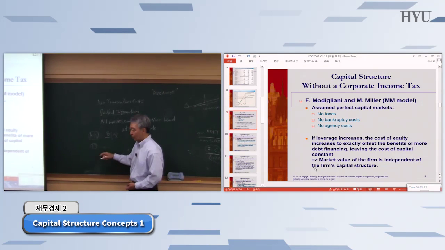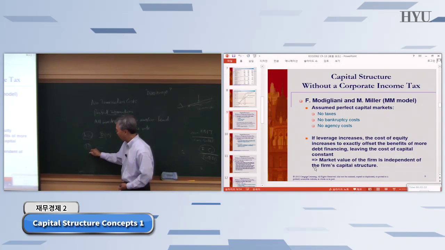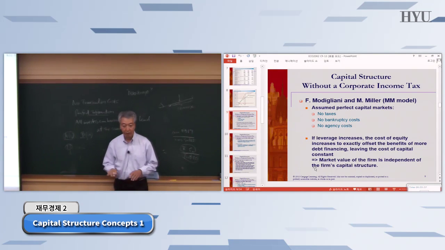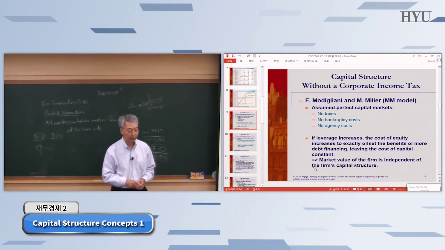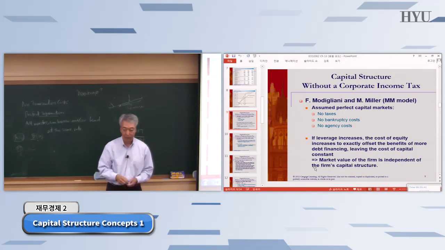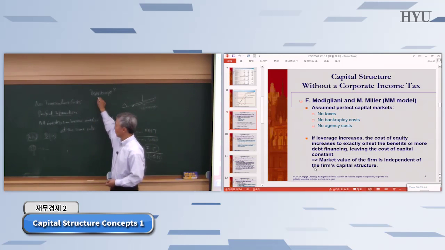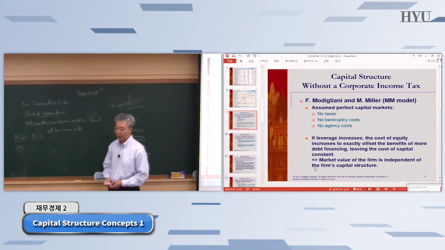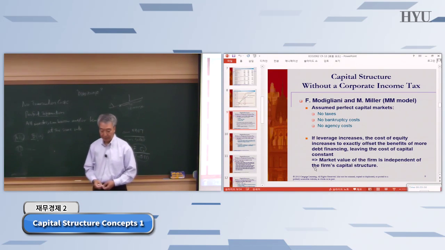So what's going to happen to the stock price here and here? When the investors sell this and buy this, this price will come down and this price will go up. Eventually, they will be equal. That's the idea of arbitrage that Modigliani and Miller are talking about.